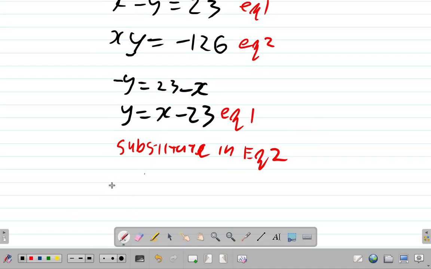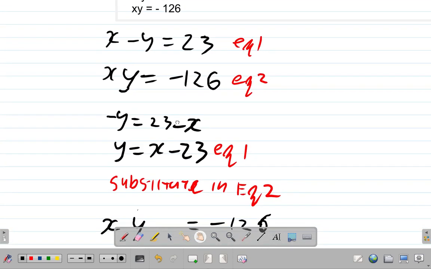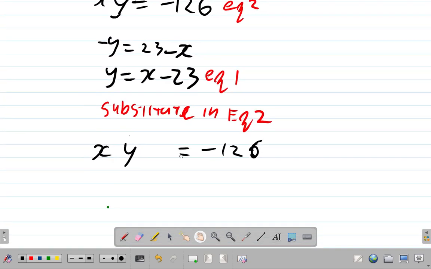So what we're really doing is saying xy equals negative 126. That's equation 2, right? But the main problem we have is that in this single equation, we have two unknowns. If we had one unknown, then we could solve it.